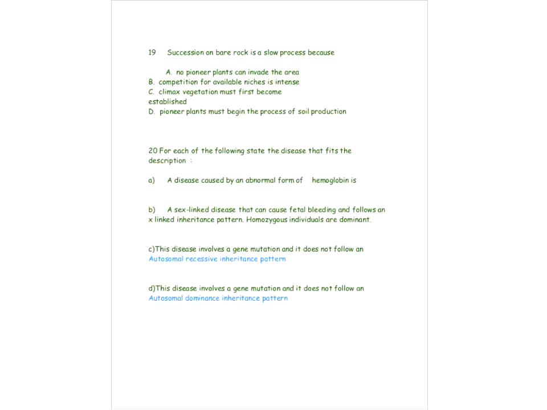Okay, so for the next question, it says for each of the following state the disease that fits with the description. So what do you think the first one would be? A disease caused by an abnormal form of hemoglobin.